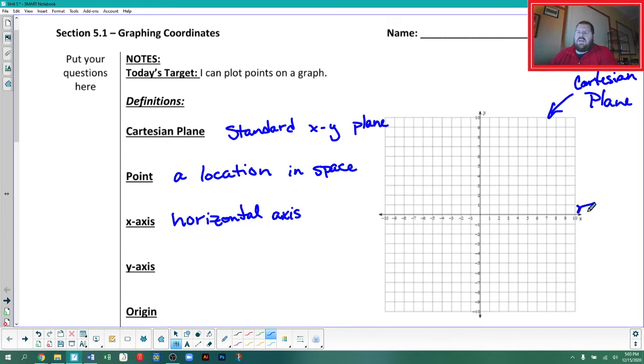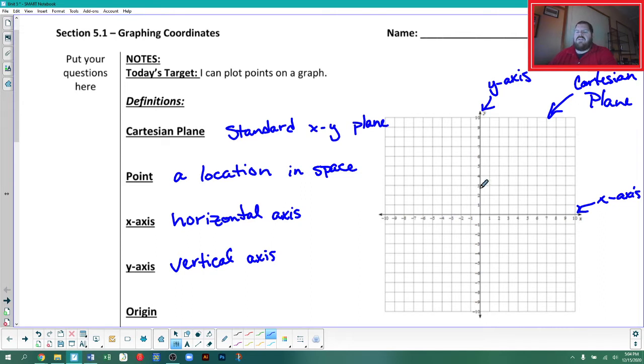Our horizontal axis is our x-axis, so that entire kind of main horizontal line. The y-axis is our vertical axis. So here we have our y-axis.